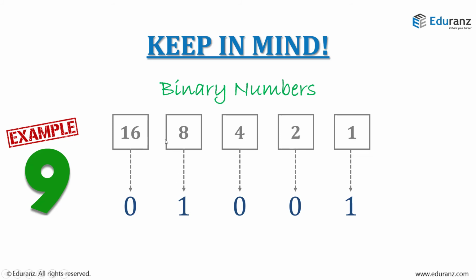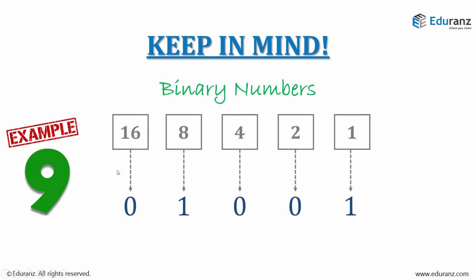So here we have 8, so I will put 1 down under the 8, and then we have 1, so I'll put 1 down under the 1. That is 8 plus 1 is 9, so 1 and 1 here, and the rest of the values will be 0, so 0, 1, 0, 0, 1. That is how we will represent 9.